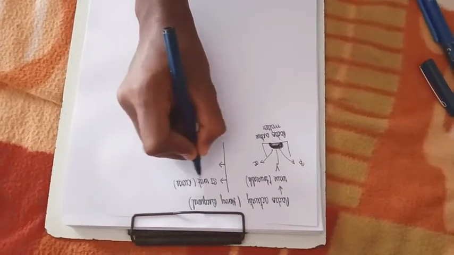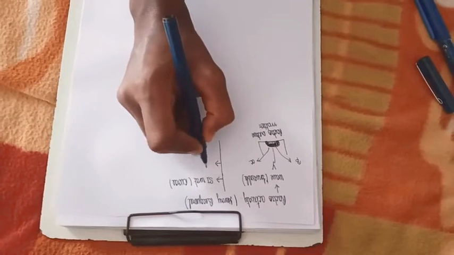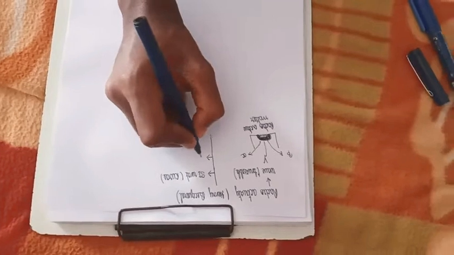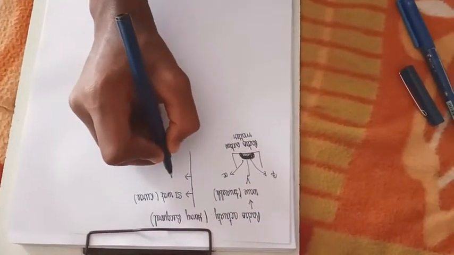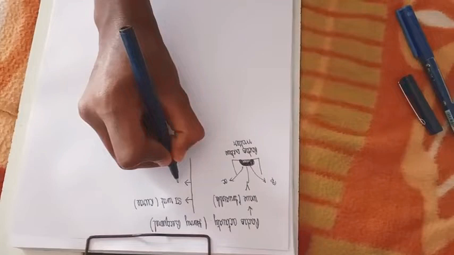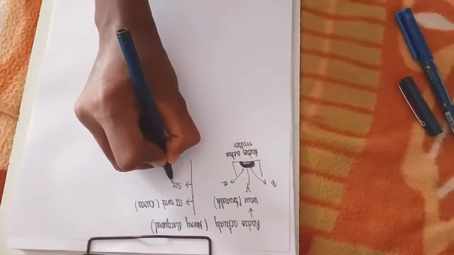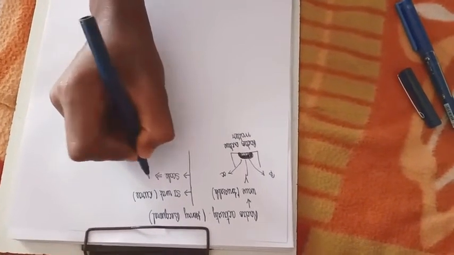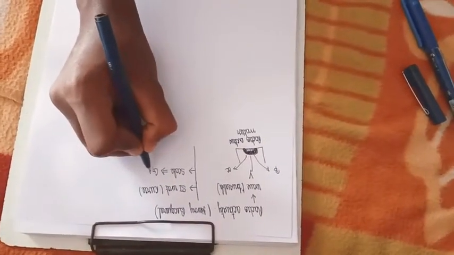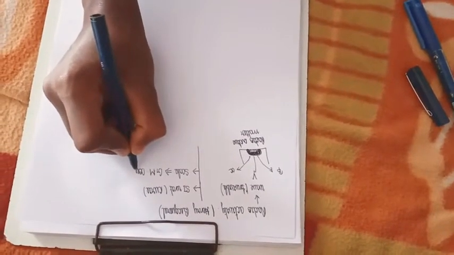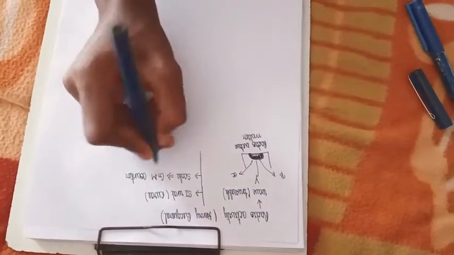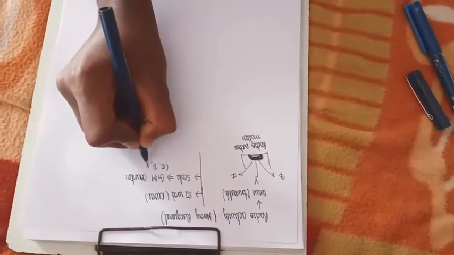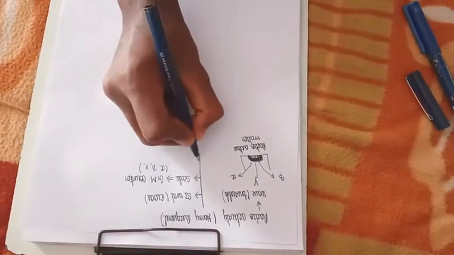Curie is the unit, but the scale to measure radioactivity is the GM counter. GM counter is a scale to measure radioactivity that measures alpha, beta, gamma, and many other rays.